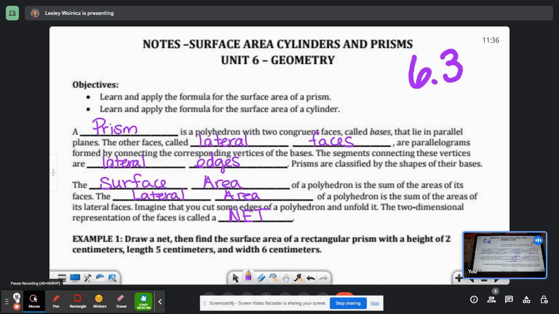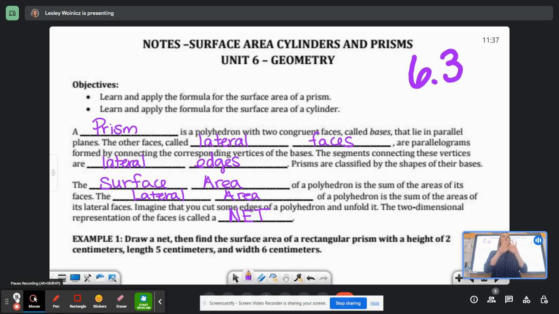Okay, so are you guys familiar with a can of soup? If you think about the metal part of a can of soup, it's a cylinder, right? It's got the two congruent bases that are metal, and then it's got the lateral surface, that's all metal. So if you include all of the metal pieces, that would give you the entire surface area.